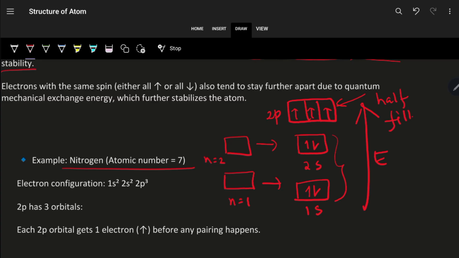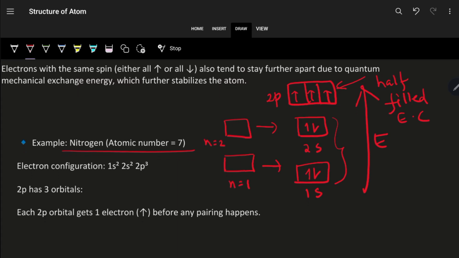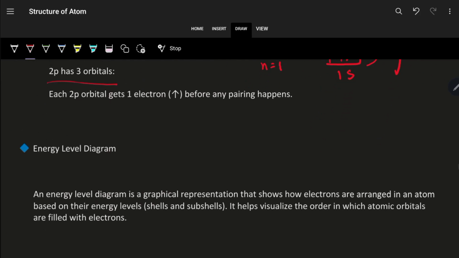Why half filled? Because the 2p subshell can accommodate a total of 6 electrons, 2 in each orbital, and it has 3 electrons, which is half filled. 2p has 3 orbitals, so each can get 1 electron before any pairing happens. So all are in spin up, giving the maximum spin multiplicity value.